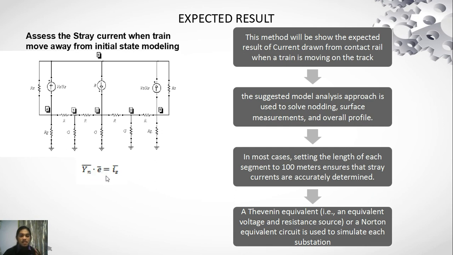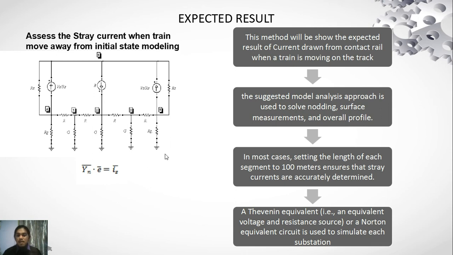This is the linear equation for the Norton equivalent circuit. In this method, the analysis of stray current uses a lumped element or pi line model in DC mode.